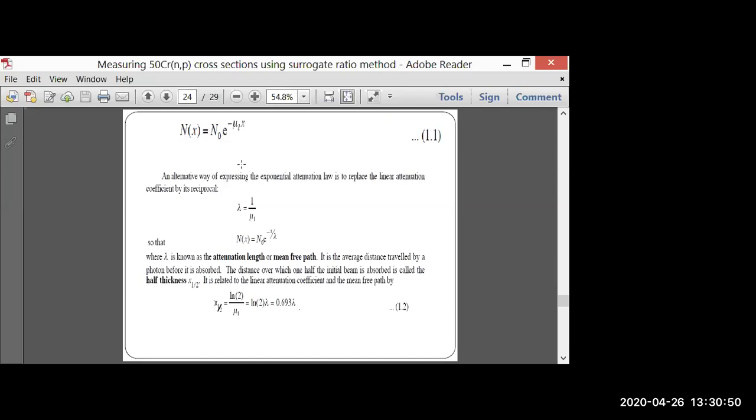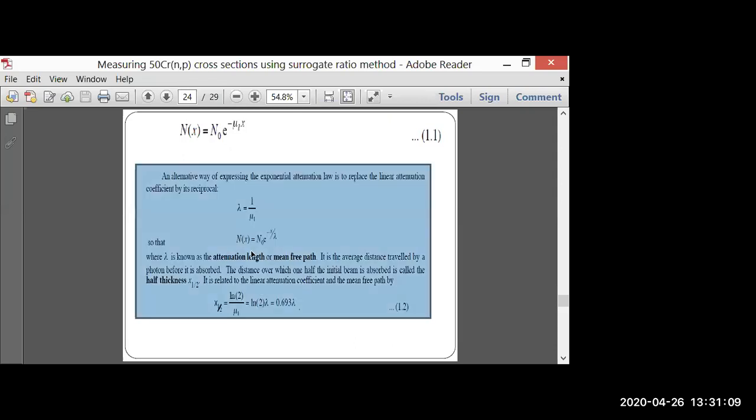If I replace this mu L by a term lambda, which is known as attenuation length or mean free path, it's a reciprocal thing. So I can replace equation 1 with another equation: N is equal to N0 e to the power minus x by lambda, where lambda is your attenuation length.